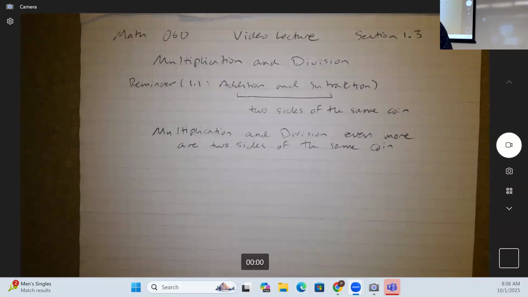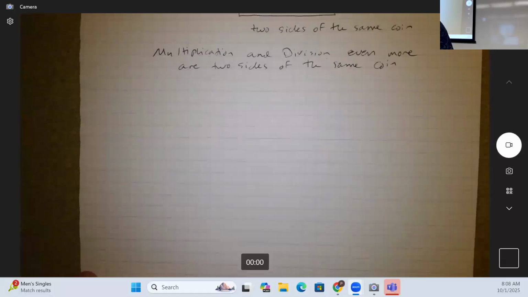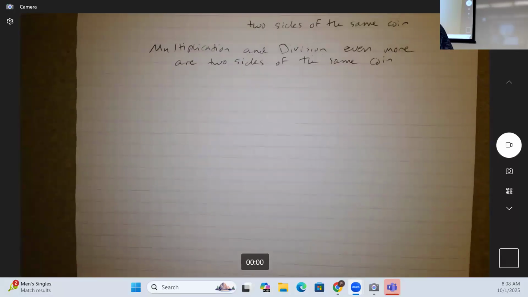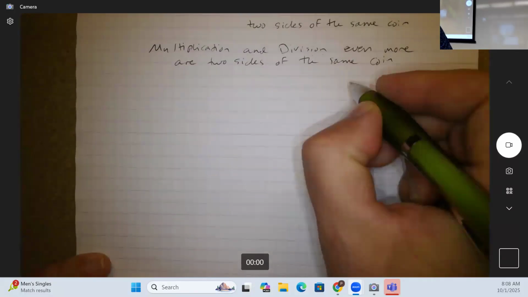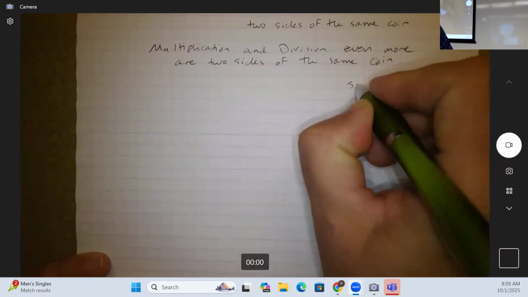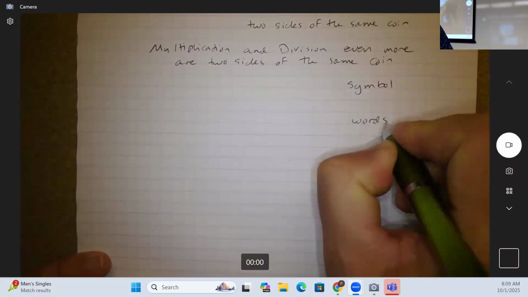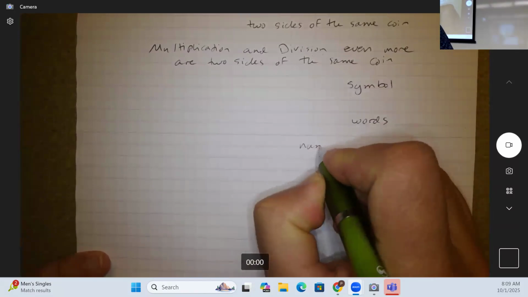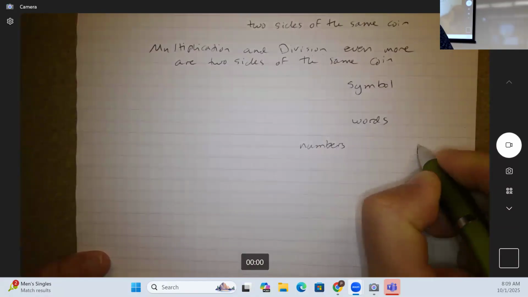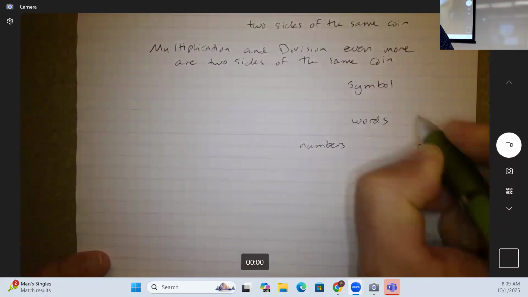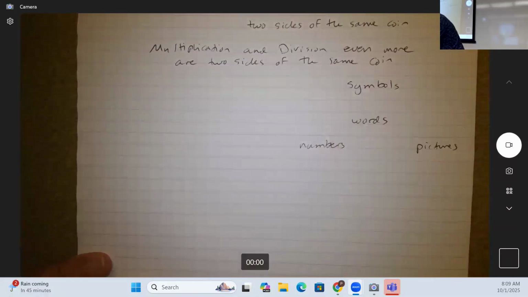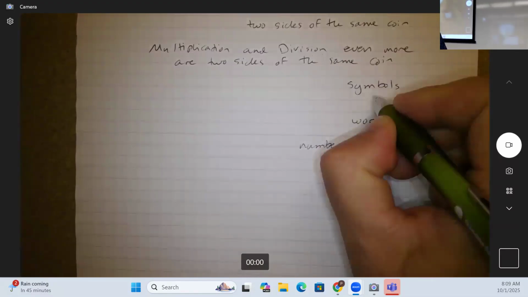All right, so let's look at multiplication first. And I want to remind you of my four representations of mathematics: symbols, words, numbers, and pictures.